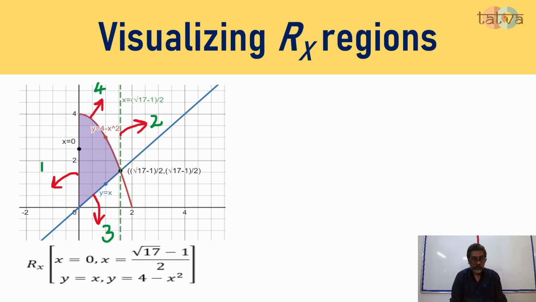So therefore, you write the x limits first and then the y limits. And don't be worried how I wrote that x is equal to square root of 17 minus 1 by 2. I got that by solving the two equations. You will learn that while we are practicing the problems. But what I want you to understand is the concept that Rx regions are those regions which are trapped between vertical lines with lower and upper curves not intersecting.